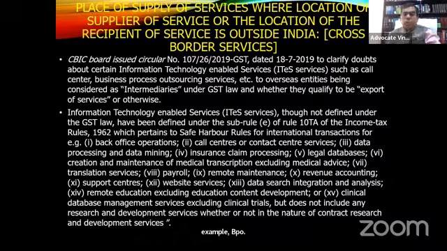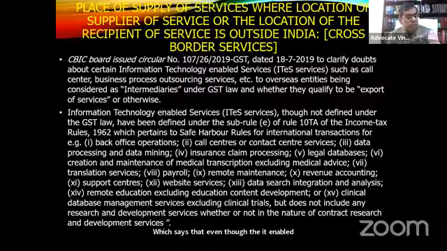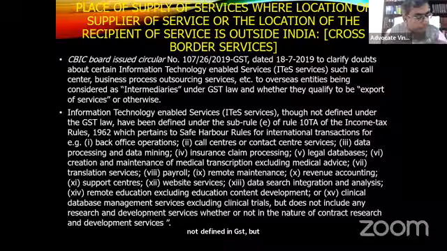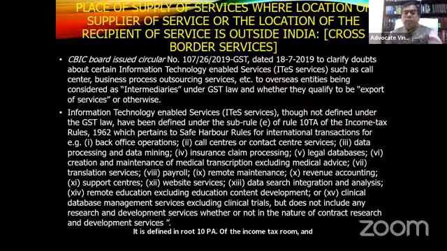So here also, in order to avoid the litigation or the dispute, the department or the CBIC has already issued a circular which says that even though the IT enabled service is not defined in GST, it is defined in Rule 10TA of the income tax rules, and therefore it will be considered to be a place of service outside India if these are the nature of service.